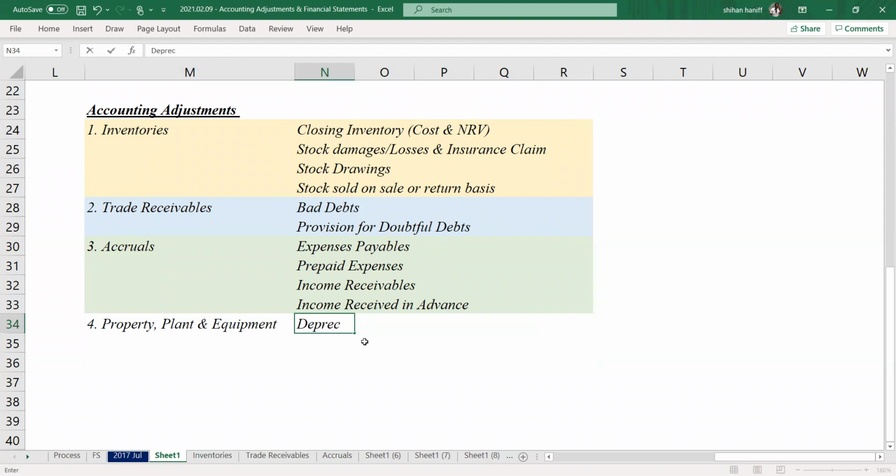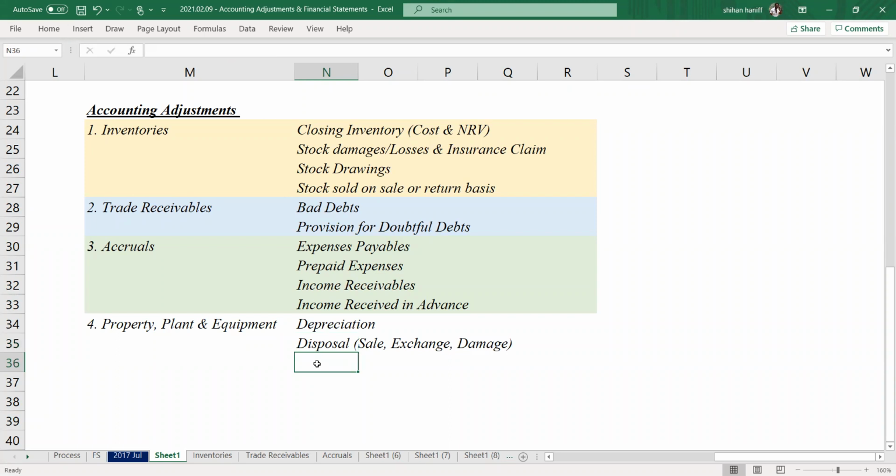Under this, we have depreciation adjustment, then disposal, which can be a sale, transfer or exchange, or damage.